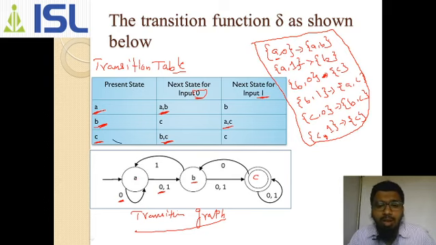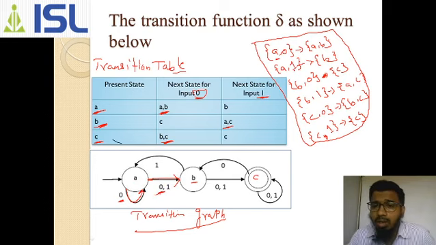So here, till now we saw how to design the graph from the transition table. Now we will see this one. A comma 0, what is the answer? A comma 0 means it is going to A as well as B. Now the next one is A comma 1.